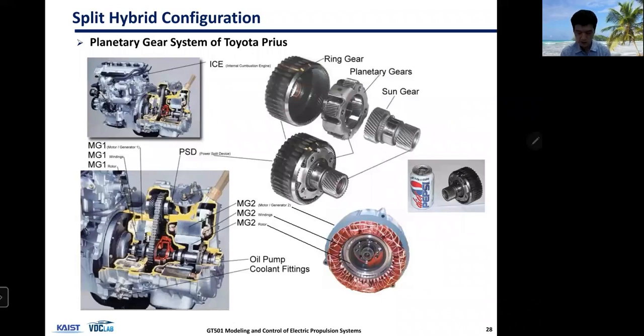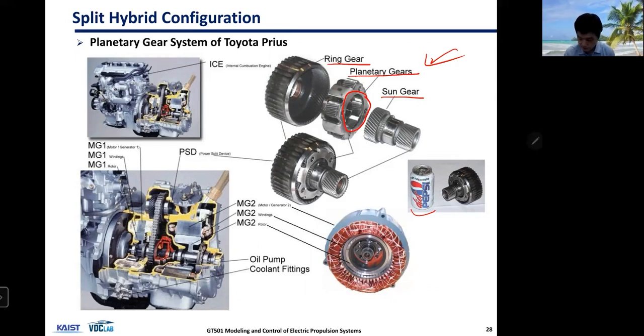So let's take a look at how the Toyota system works. This is the planetary gear set I mentioned. It's actually not that big. It's the size of a cola can. If you look inside the planetary gear set, you have this sun gear, and then you have planet gears, a carrier that's holding the planet gears, and then this ring gear.